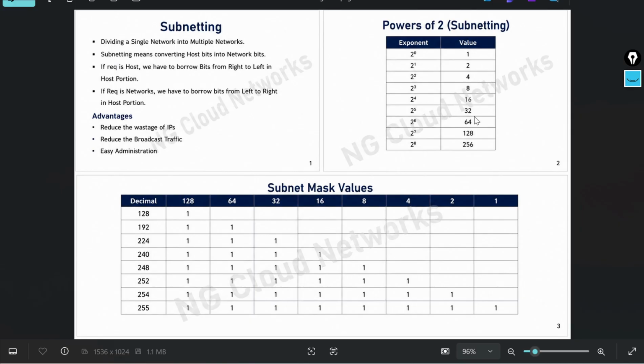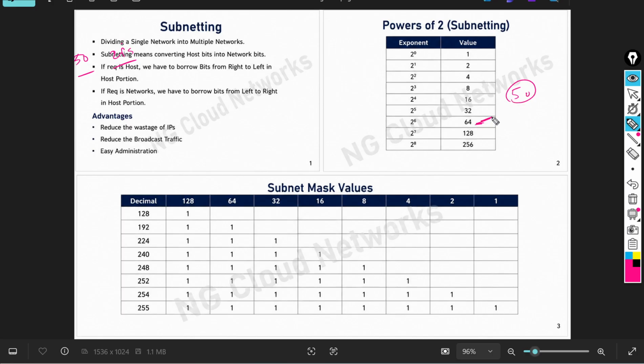What is the nearest value here to 50? The nearest value is 64, right? So the actual requirement is 50, but I can't take 50 IPs. So we should take 64, or we can also take more than 64. 64 means 2 power of 6. Remember this point. Very, very important.